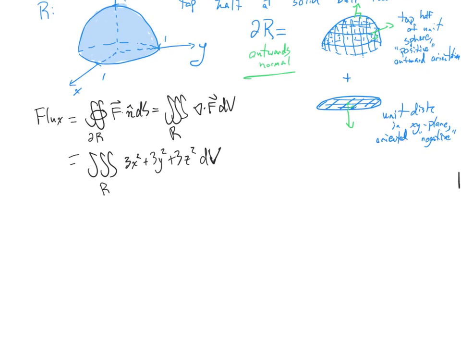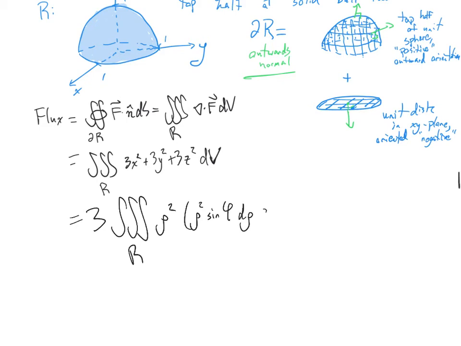So in spherical coordinates, this integral looks like, I'm going to pull the 3 out in front, and then it's the triple integral over the region, and we'll describe it in a second, of just rho squared, and dV is rho squared sine phi d rho d phi d theta. So, that doesn't look that bad.